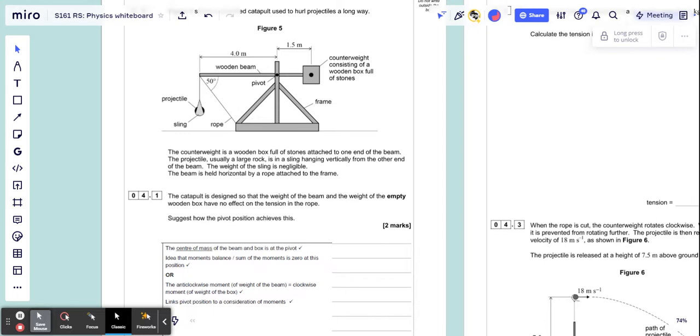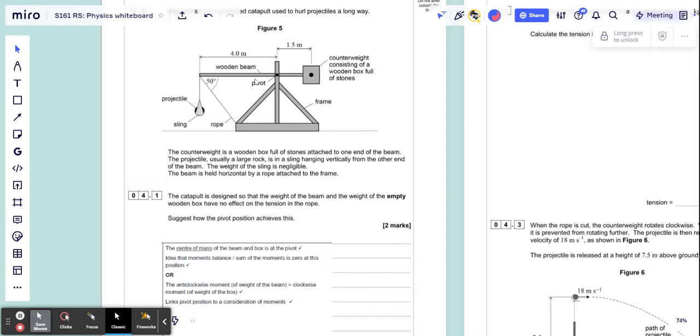The anti-clockwise moment caused by the very light empty sling and the mass of the beam is going to be equal to the clockwise moment caused by the counterweight. So the counterweight is trying to get it to rotate clockwise, but the weight of the beam and this sling is trying to make it rotate anti-clockwise.